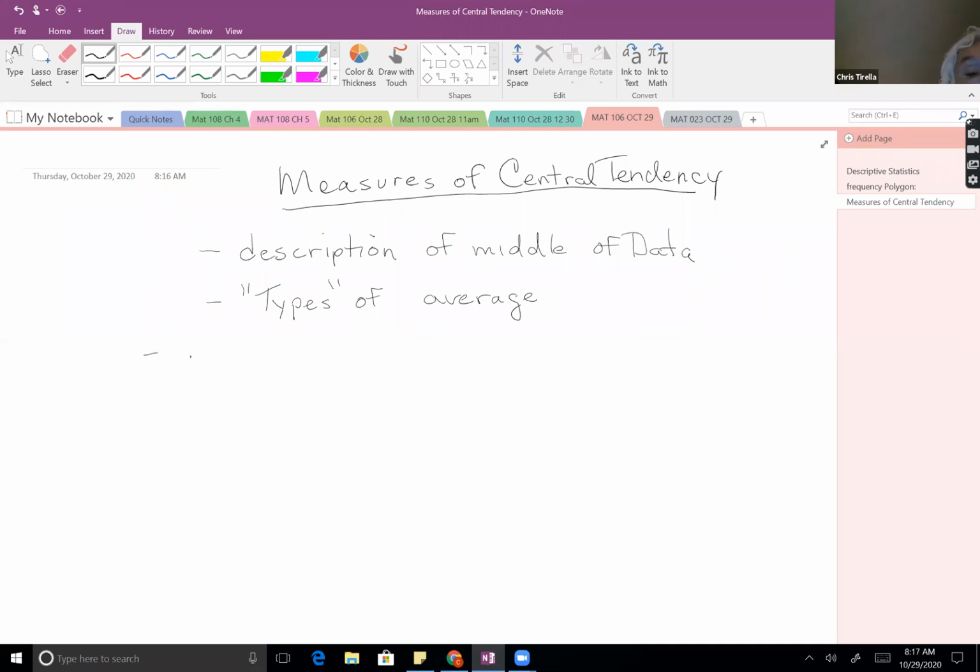So they all describe the center in different ways, and each is useful for something different. And hopefully we'll look at examples of when each is useful.